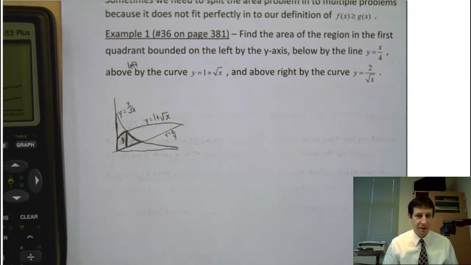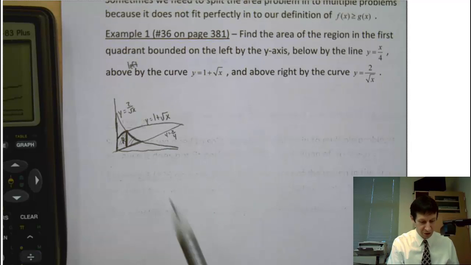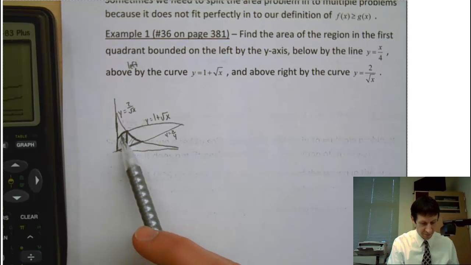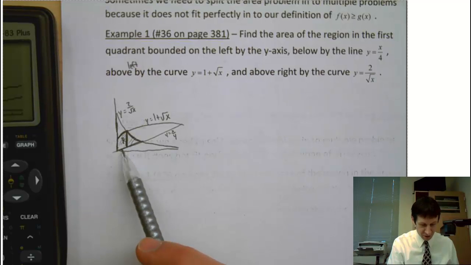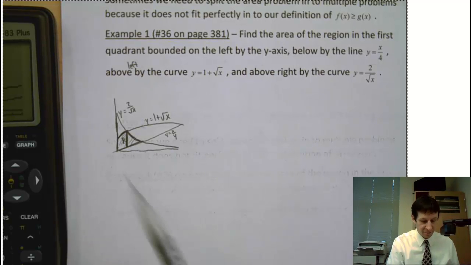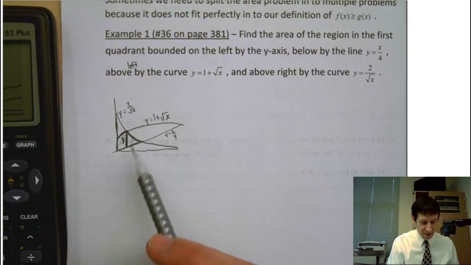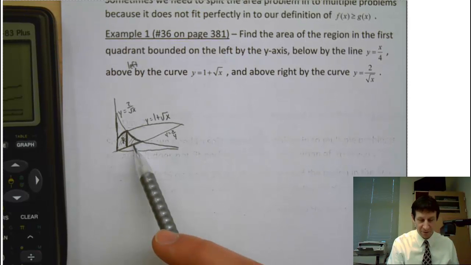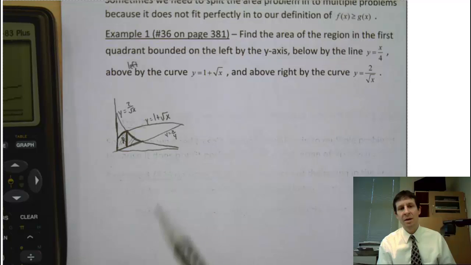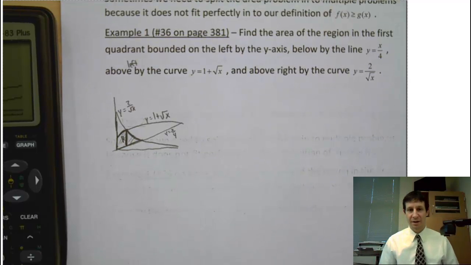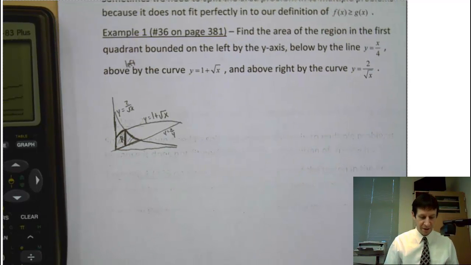And by splitting that right there, now we have two different distinct regions where this one, for the first half, this function is larger than this one the entire time. And then for the second part that I've shaded in, this other one is larger than this one here for the entire time. So by breaking it into two, we can just apply our definition or formula two different times.